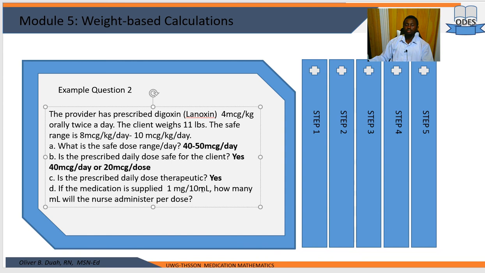It was also therapeutic because it met the minimum or the lower limit of the dose range for it to be therapeutic. And then our dose that we had to give to this patient was 0.2 mLs.